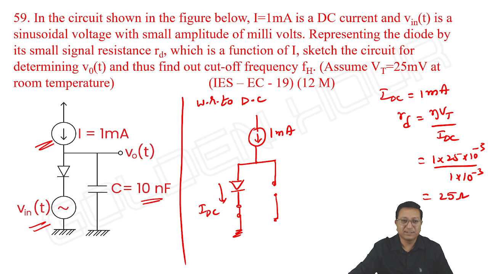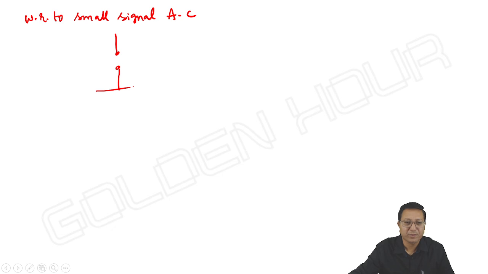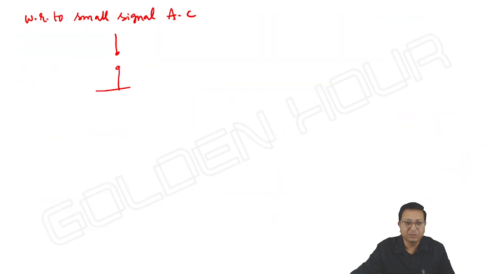So, with respect to AC, current source open. Next, diode and V input.